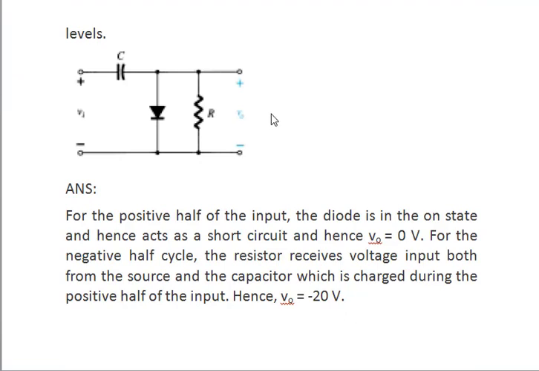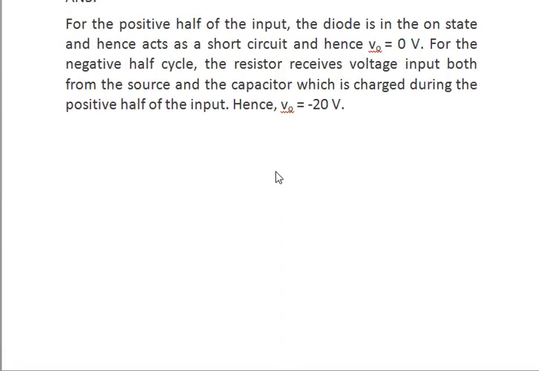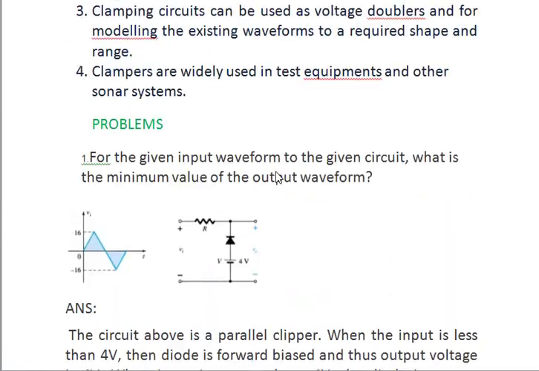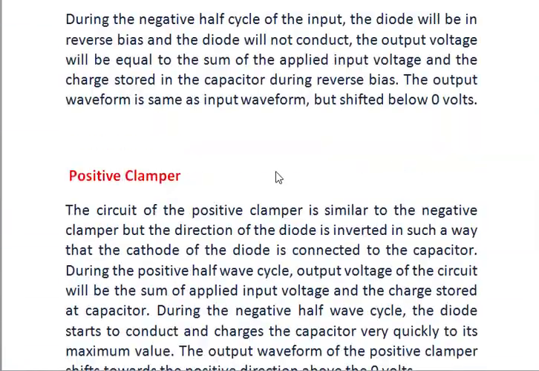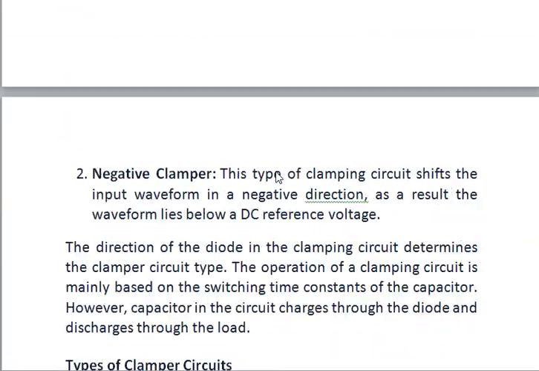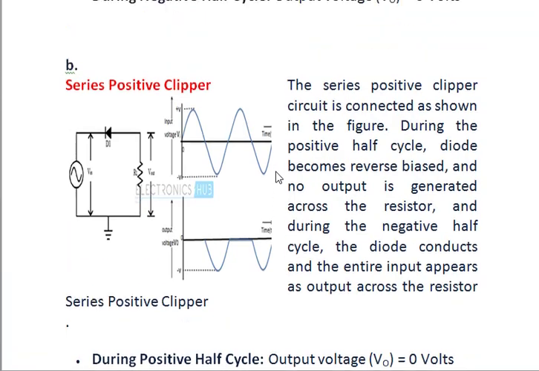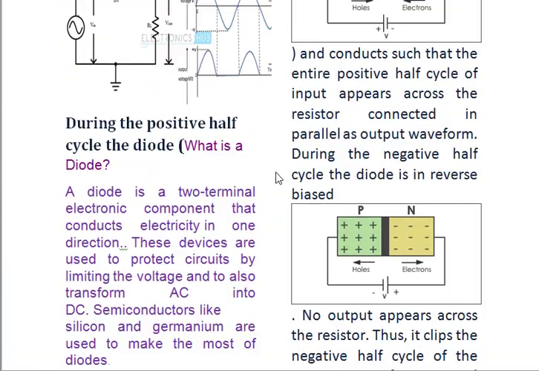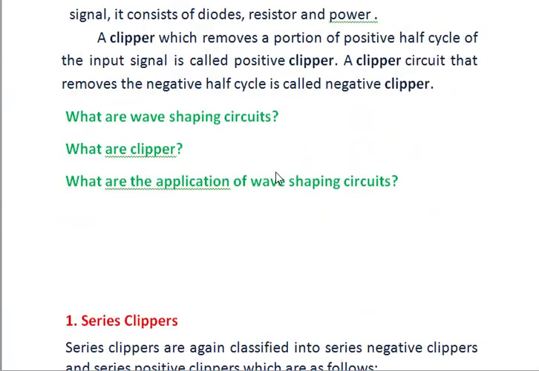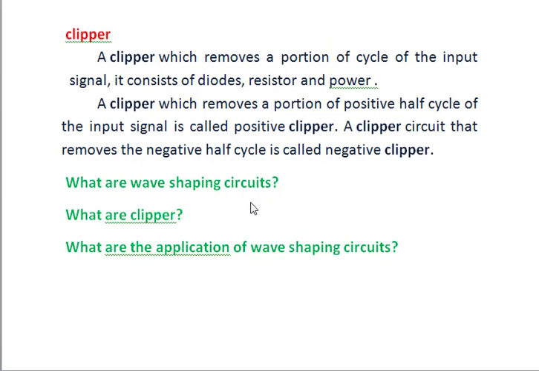So we will have a total of minus 20 volts. Okay, so I have given the questions belonging to this area. Your homework is to prepare the questions and answers in your notebook.